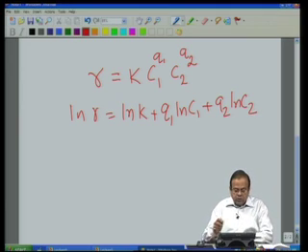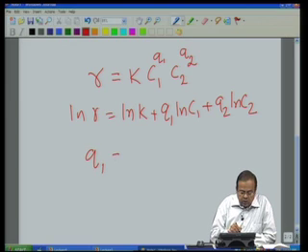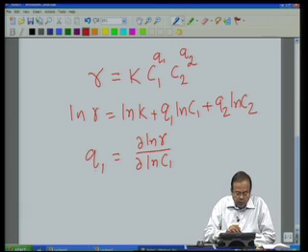So, in other words, I can write my rate expression by taking the logarithm of both sides, left hand side and right hand side, and now if you look at this expression, Q1 is nothing but del ln r by del ln C1, or in other words, my Q1 is the derivative of ln r with respect to ln C1.